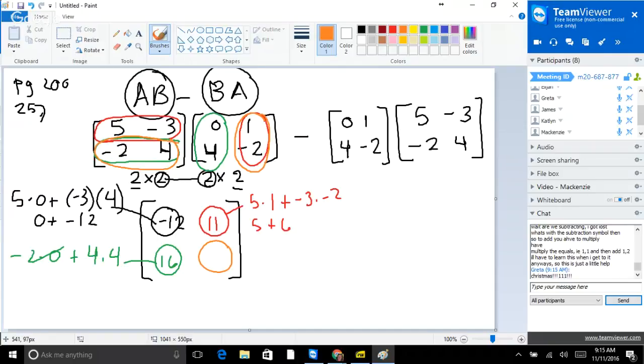So we've got -2 times 1 plus 4 times -2. -2 times 1 is -2, plus -8, which gives us -10. So that was just multiplying A times B.